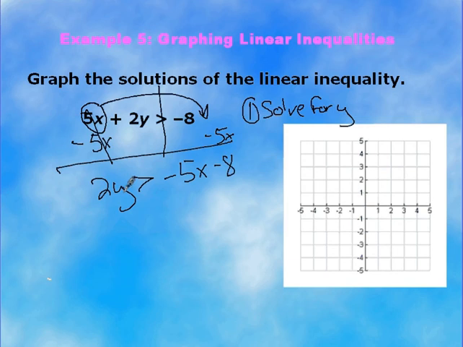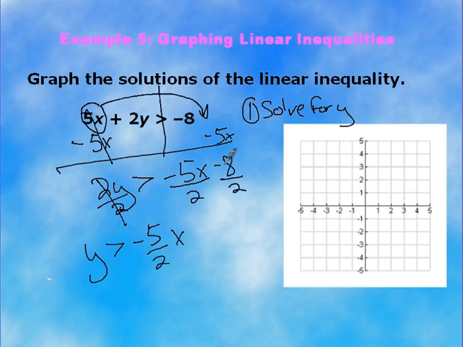And then I've got to split up the 2 and the y. They're getting multiplied now, so I split them up by dividing everything by 2. Everything gets divided by 2. So then I get y is greater than negative 5 halves x, and negative 8 divided by 2 is negative 4. So there's step 1.